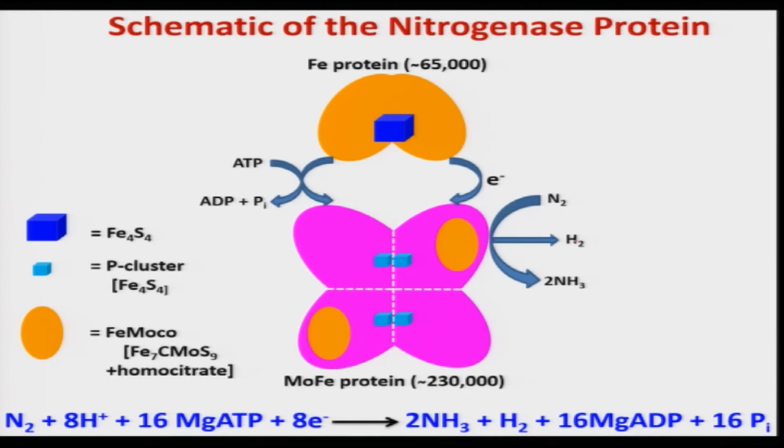Possibly this hydrogen also maintains the very reducing environment which is required for such a 6 proton and 6 electron reduction process. So, the overall reaction is nitrogen getting converted to ammonia and hydrogen at the cost of a huge amount of energy and electrons.